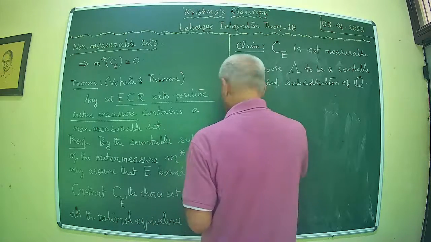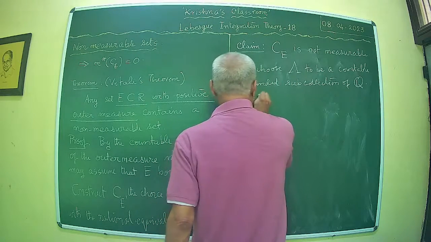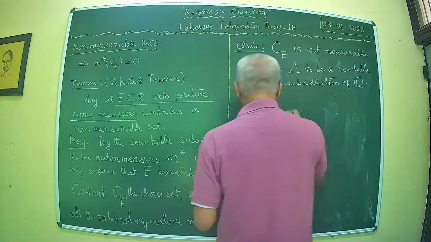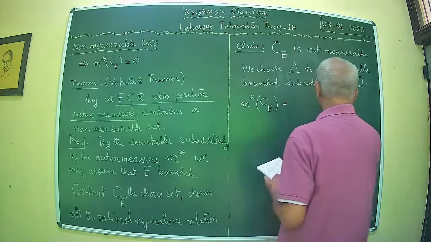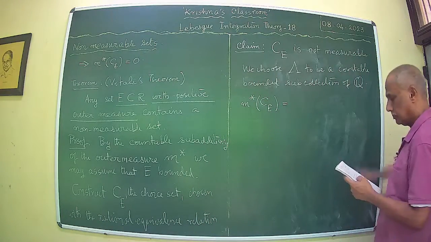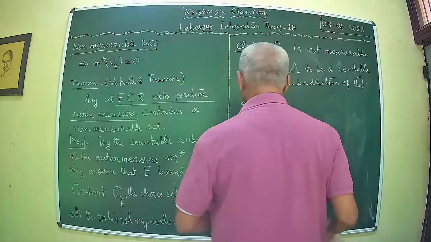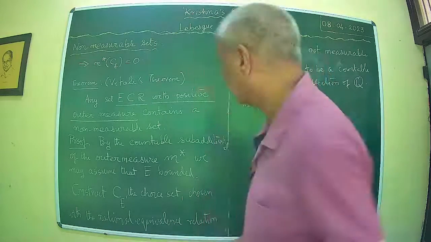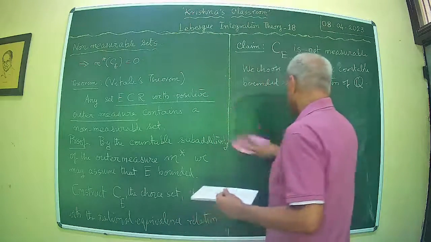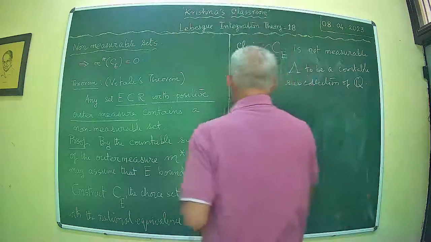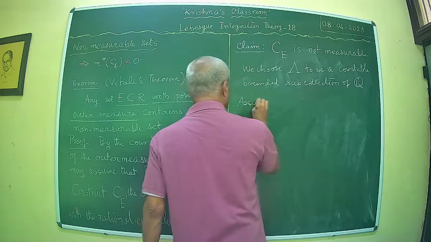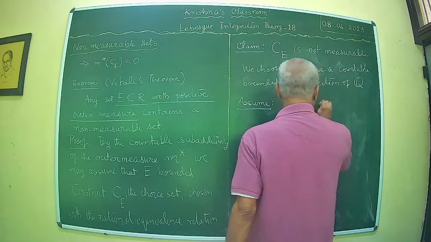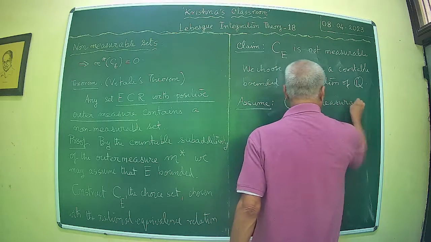We have m star of C. We have to make the crucial assumption. Assume C is measurable.